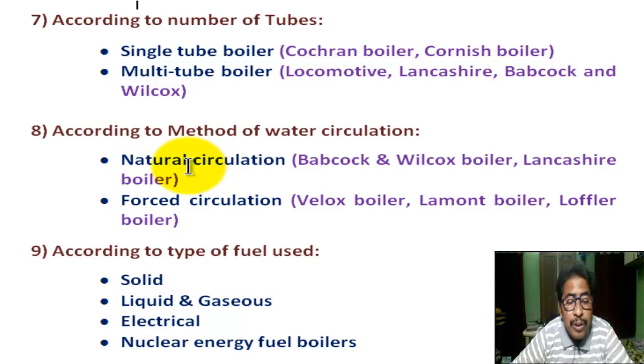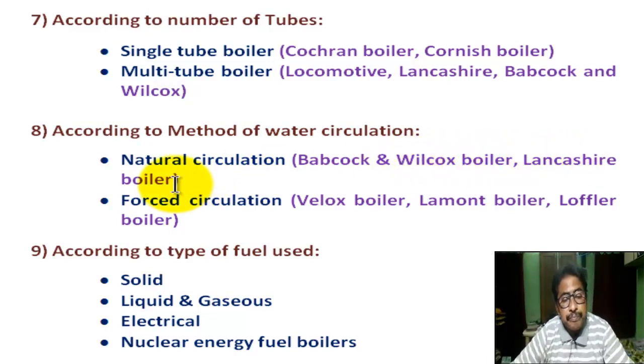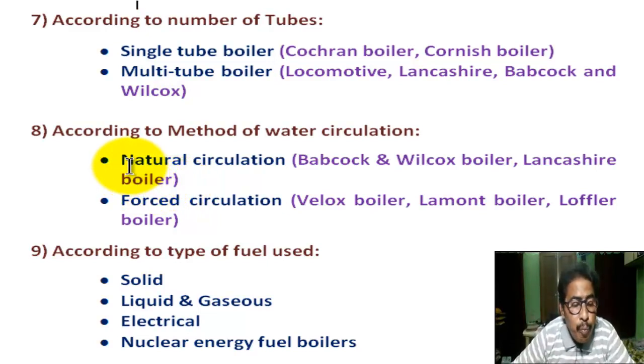That means by natural convection current, that is buoyancy force. Example, Babcock and Wilcox boiler, Lancashire boiler, etc. In most of the steam boilers, natural circulation is used.